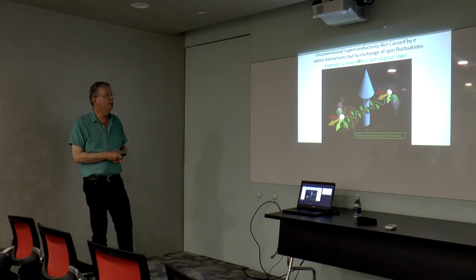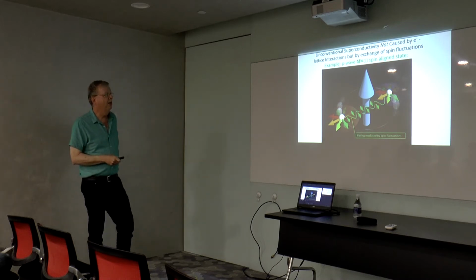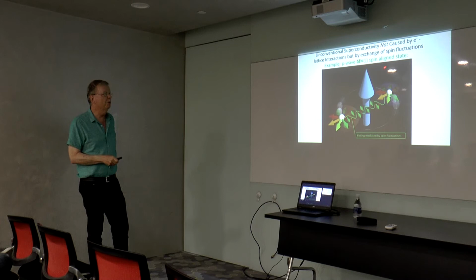And if they exchange spin fluctuations, which is meant to be this wiggly green line, you can get a pairing of these spins rather than an S = 0 BCS oppositely aligned spin orientation. You can get a P wave L = 1 spin aligned state, which is believed to be the answer for strontium ruthenate. So there are lots of indications that magnetism and high-TC cuprate superconductivity are intimately intertwined. So this is probably a good guess.